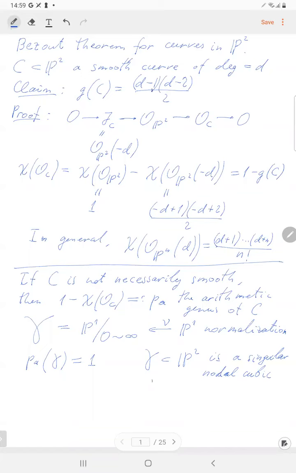You don't need anything at all. That's just the definition. There it is. And if you use normalization, then there is another definition, that the geometric genus is the genus of the normalization.